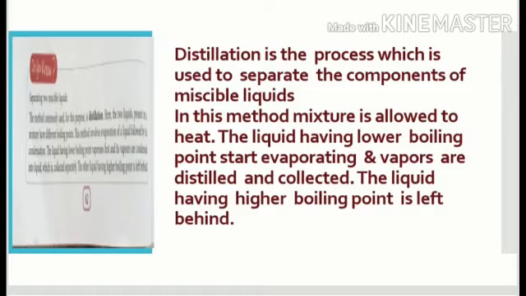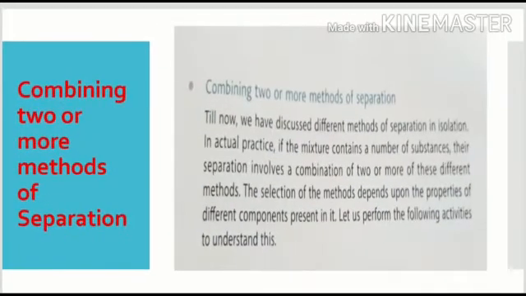In this way, one of the liquids is collected in the form of vapors followed by distillation, and the second, which has the higher boiling point, is left behind in the container. In this way you can say both types of mixtures, immiscible as well as miscible, the components of such mixtures can be separated out.